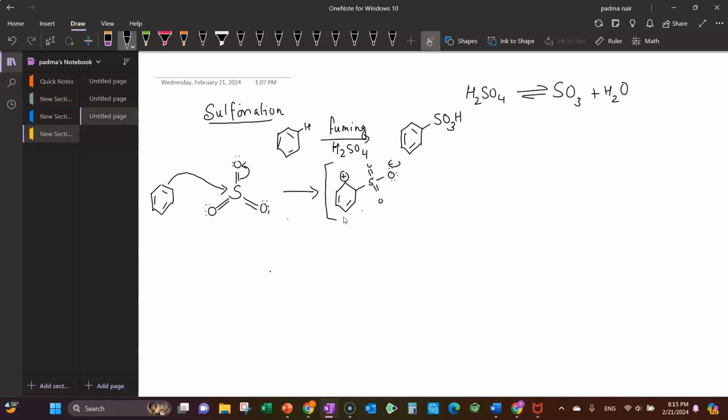So this is my sigma complex, and as you recall, this sigma complex is stabilized by resonance, so you get to move the positive charge all around the ring. Again, identify the three atoms at which the positive charge can move.